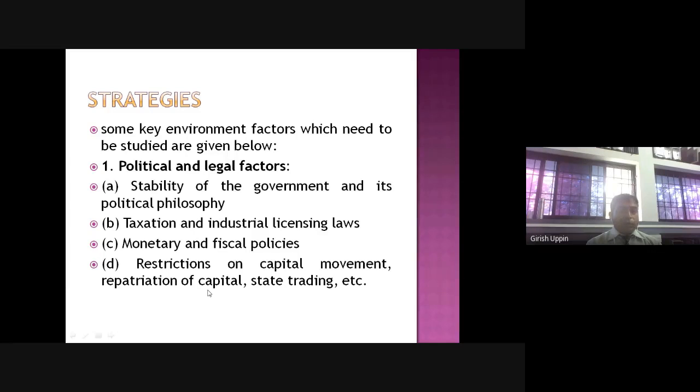Repatriation is like bringing money back to the original country. Let's say a certain organization has its industry in other countries, and how they can bring back the money, that is repatriation. So all those are important when looking at political and legal factors.